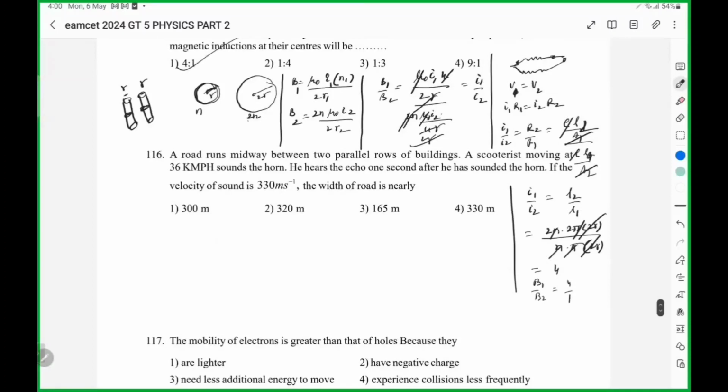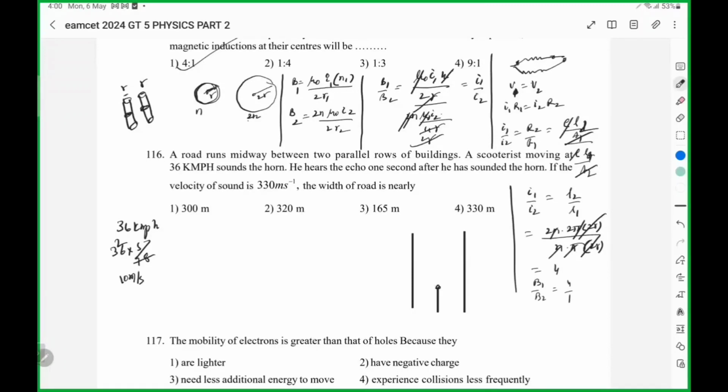Here a road runs midway between two parallel rows of buildings. A scooterist is moving at 36 km per hour. So 36 km per hour is 36 into 5 by 18, 10 meter per second.